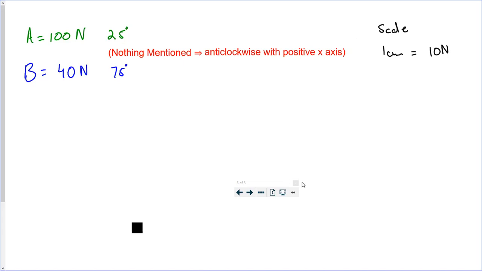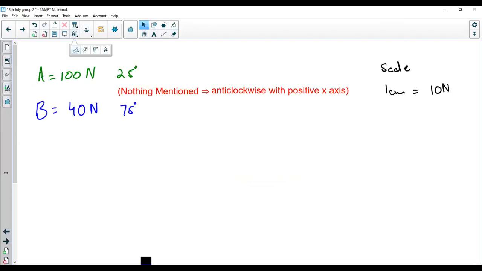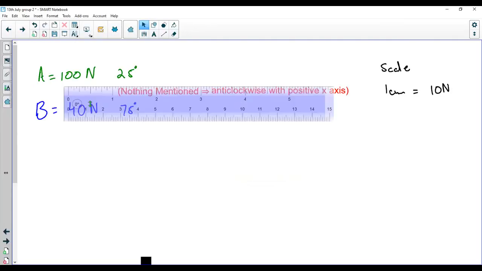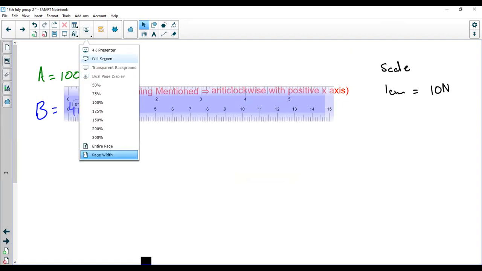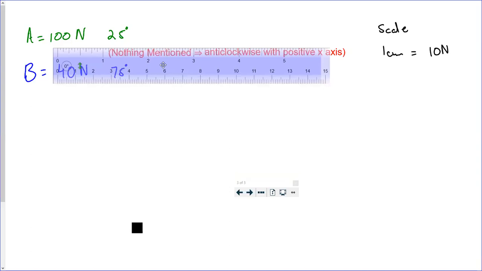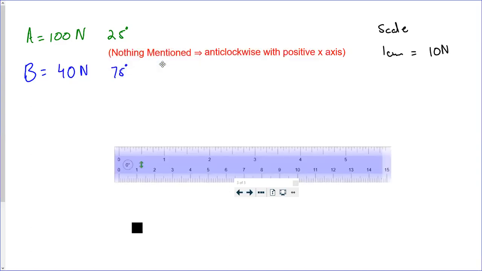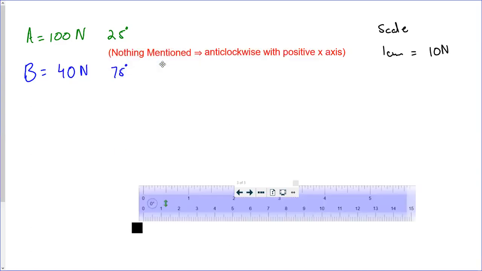Okay, so that's what we're going to do here. We have 1 centimeter equal to 10 Newton. We need the ruler to draw a scale diagram. So we use that ruler here, to draw 10 centimeters long at an angle of 25 degrees.